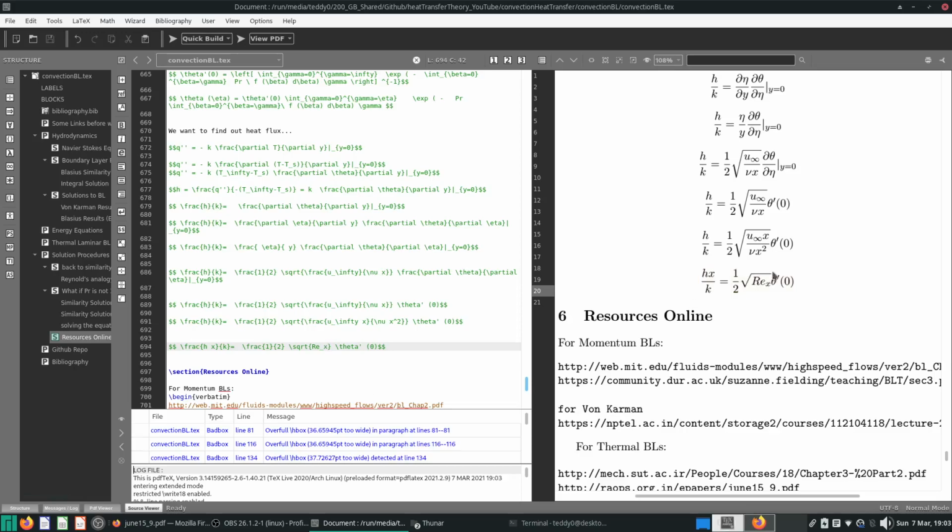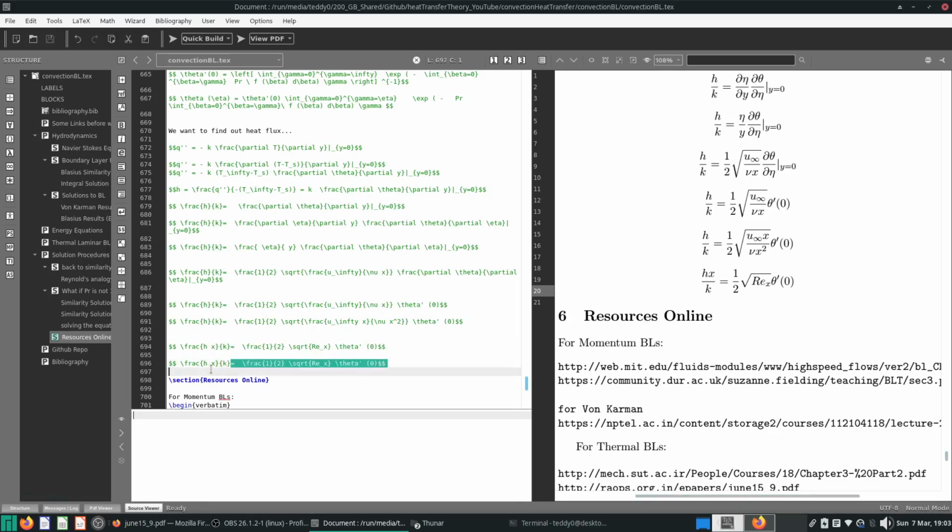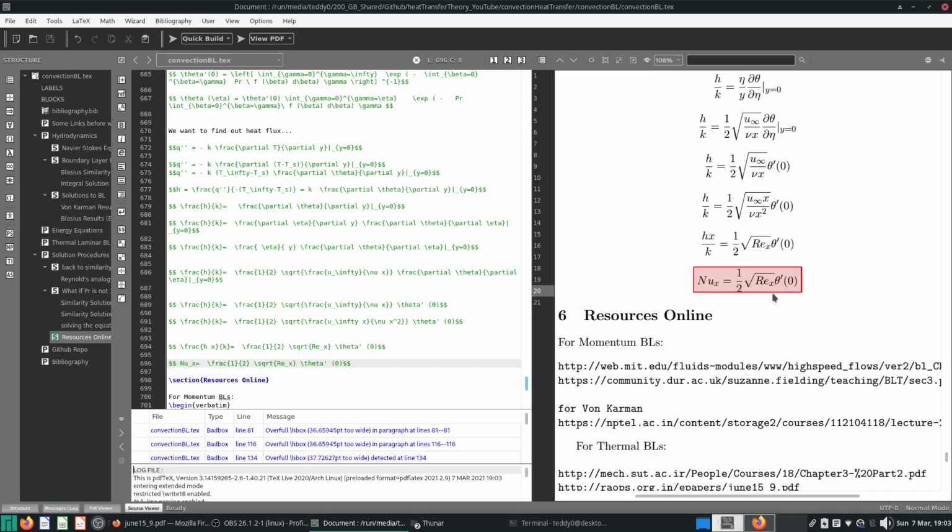So now we have a Nusselt number, Nu x. So we need to find this dimensionless heat flux at eta equals 0, then we will be okay.